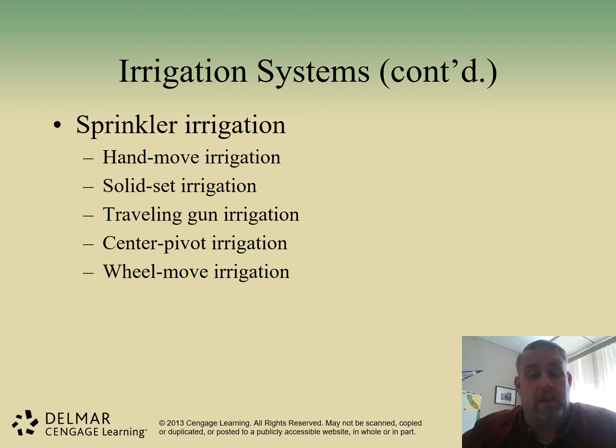There's the traveling gun irrigation. This is a mechanism within the sprinkler that will slowly move a sprinkler throughout the agricultural field to allow it to not have to be moved by hand, and it will move itself. Center pivot irrigation is again exactly like it sounds.